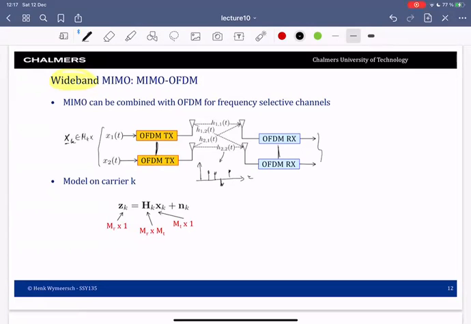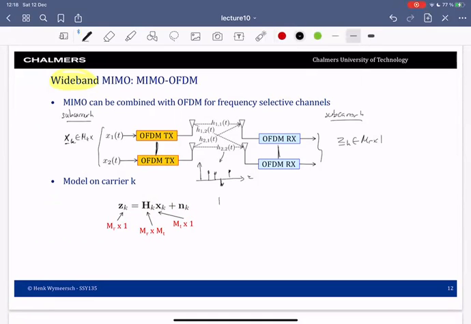And at the receiver for one subcarrier k, we'll have an observation zk, which is R by 1. The relation between xk and zk is given by this expression. So you have per subcarrier an observation, which depends on what is transmitted on that subcarrier, times the channel, plus noise over that subcarrier.